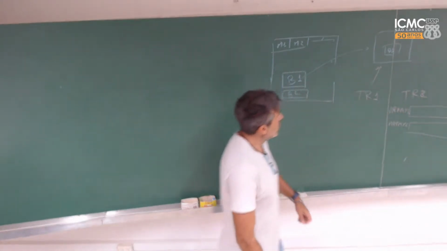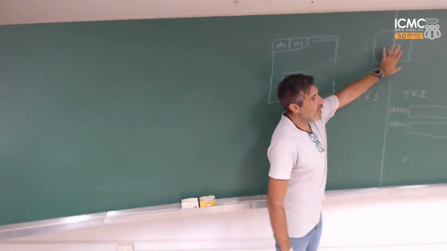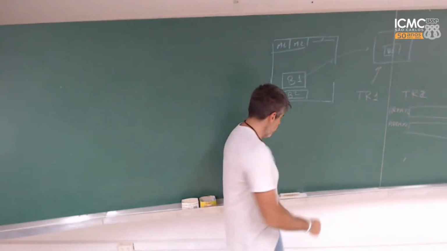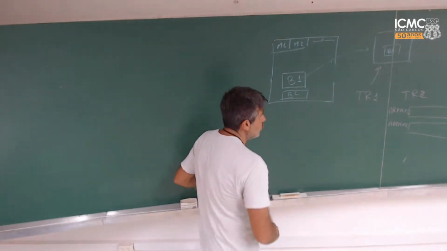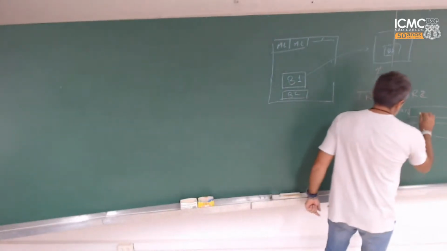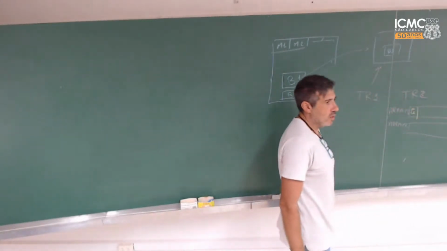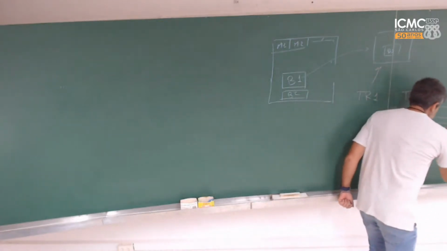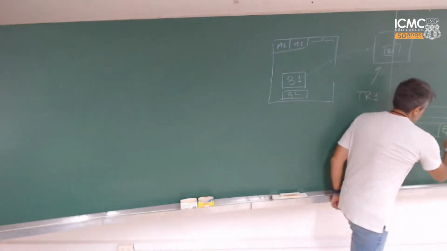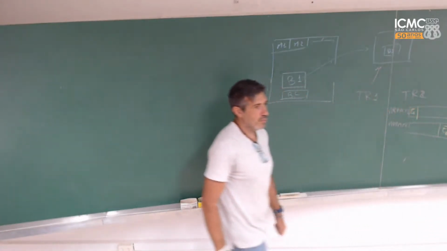Imagine that when I click on B3, I want to load the first element of array 1 and the last element of array 2.